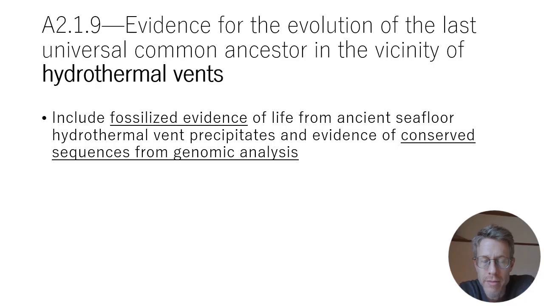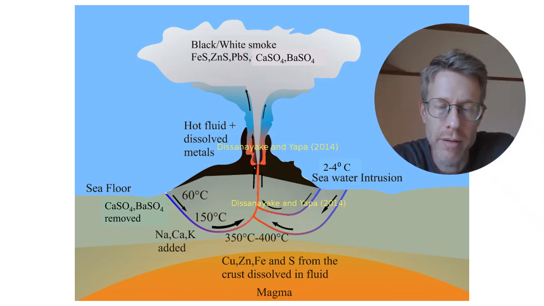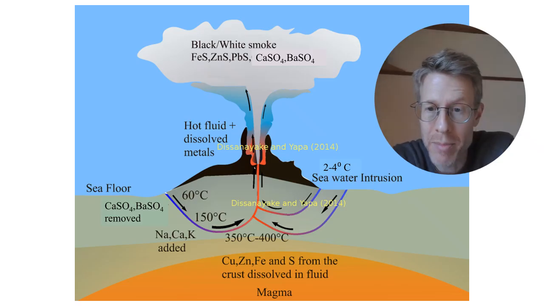Where did Luca evolve? Where did he exist? One hypothesis is that he evolved around these areas called hydrothermal vents. And this is a hydrothermal vent. They're in the ocean. There are places where cold seawater penetrates into the seabed, into the rock under the sea, and it gets heated up because it gets close to the magma.